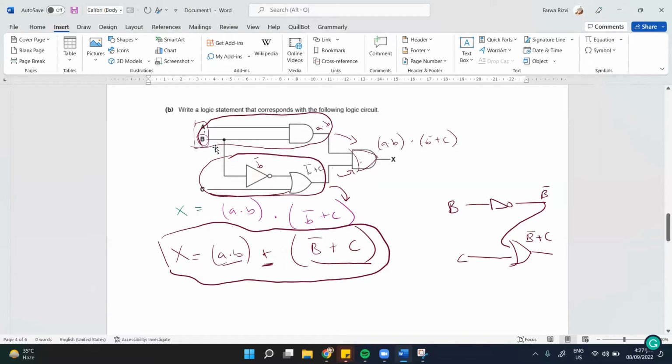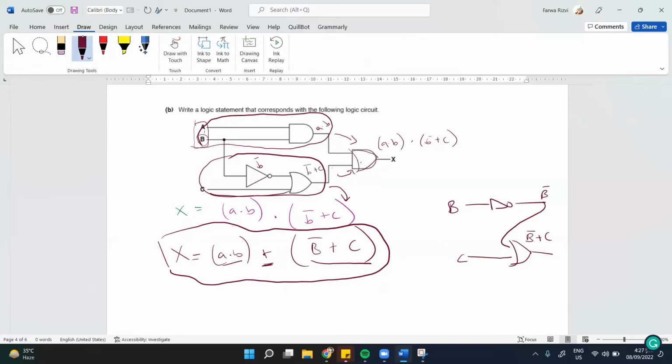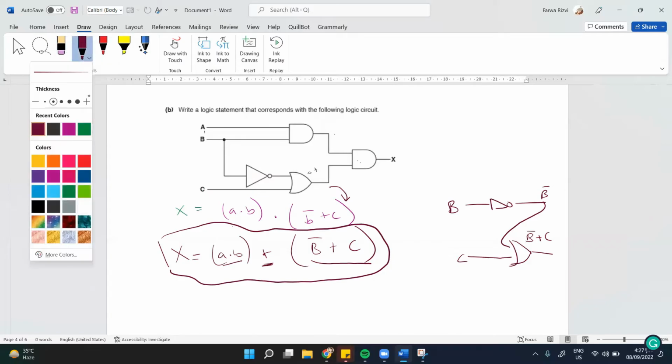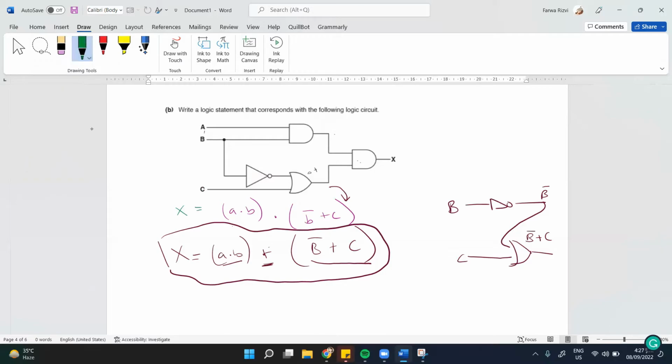In the gates? One second. Let me erase this real quick. All right. Could you point it out by how close it is to the inputs? Like, you found two expressions that were the same.